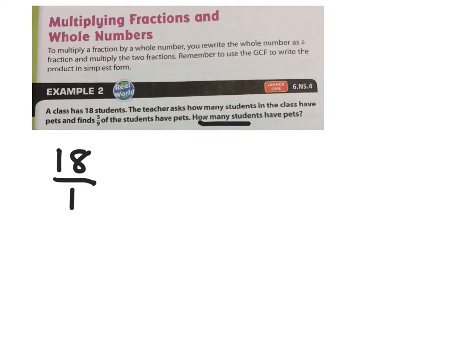How many students have pets is our question. And so we know that we're going to multiply 5/9 times 18, or 18 over 1 in this case, because we want to convert it to a fraction so that we can multiply the other factor, which is a fraction, the 5/9.